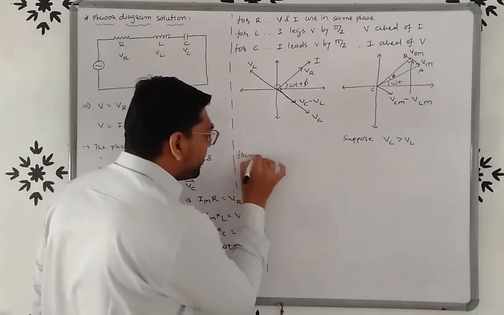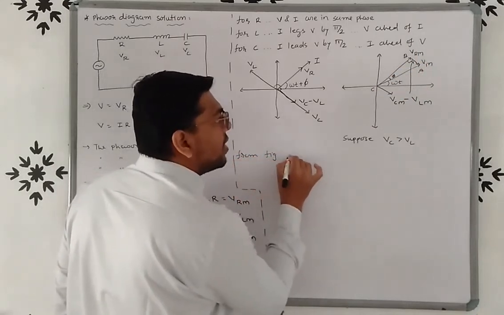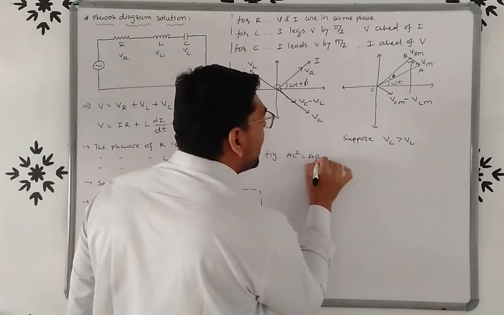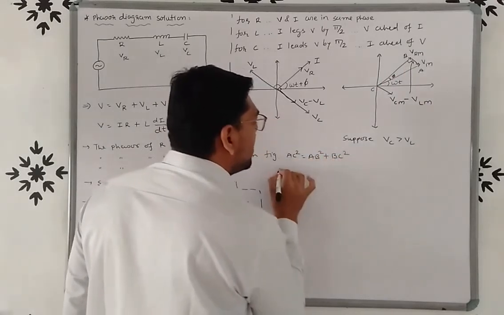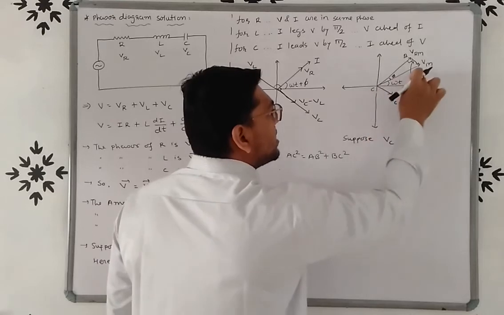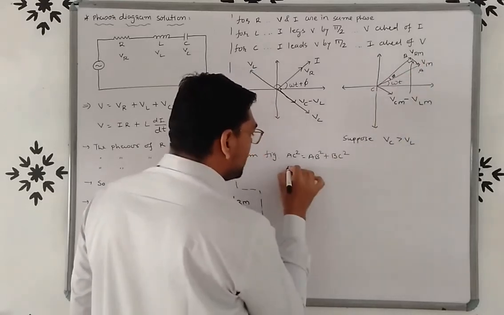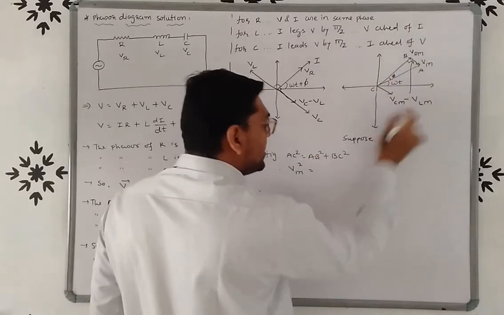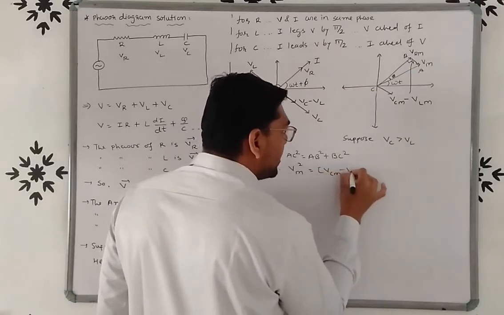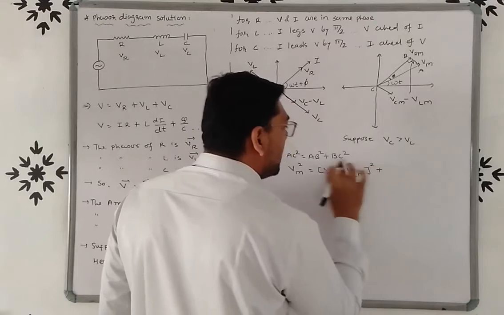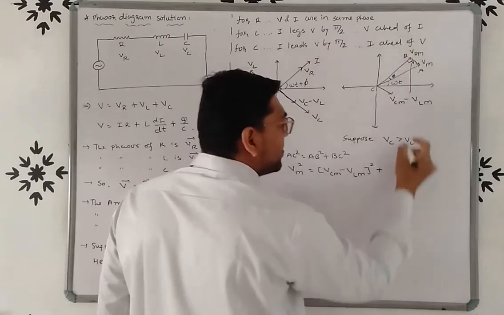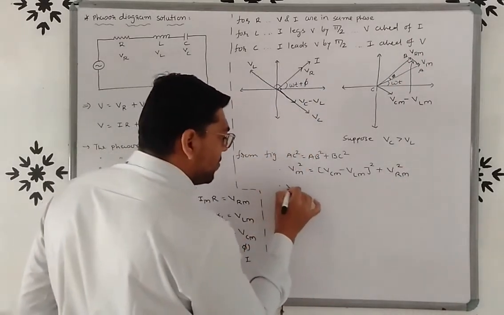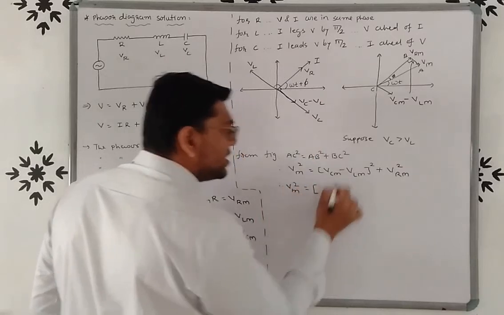So AC is equals to VM, so VM square is equals to AB square. This AB is equals to VCM minus VLM whole square, plus BC. This BC is equals to VRM, so VRM square.